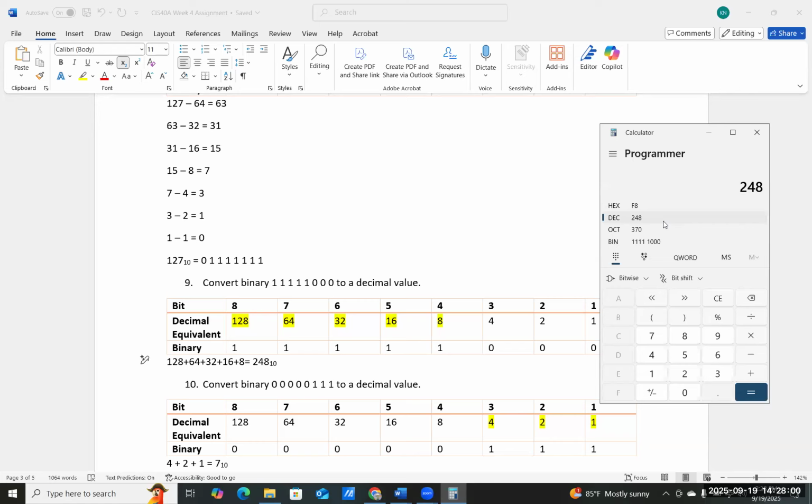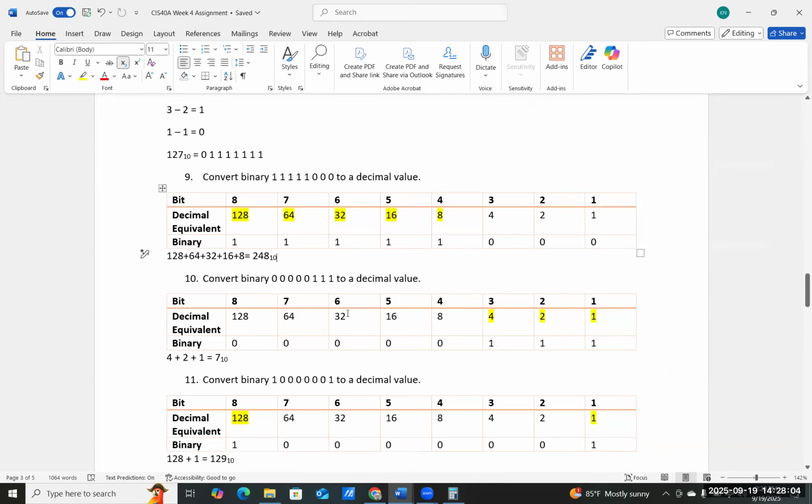So for the next question, we're going to take this binary value, right? And we place it under the scale: 2, 4, 8, 16. We place each value under each of the equivalents for each bit. And we're going to only add the equivalence value for the on bits.